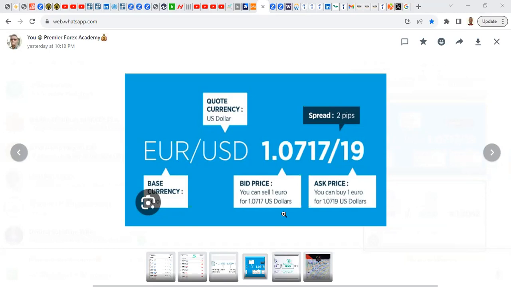So what it means is, for you to use USD to buy euro, you need 1.0717, which means euro is a little bit more than USD. Just like presently now, I think our Nigerian Naira to US dollars is about 900 or more.